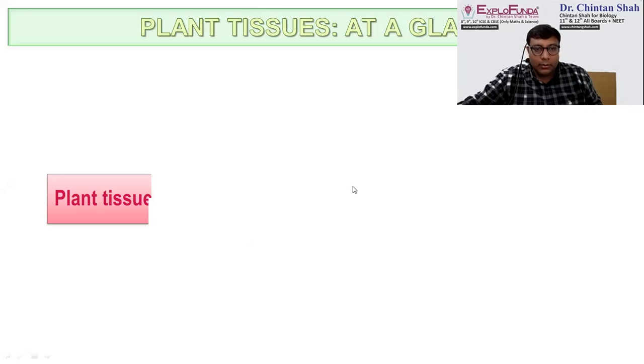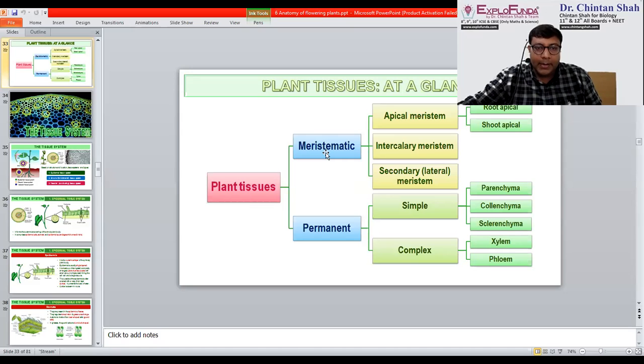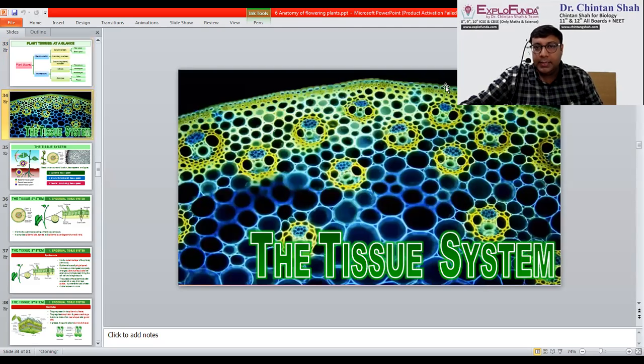Under meristematic: apical meristematic tissue, which is the root apex and shoot apex; intercalary; and secondary lateral meristematic tissue, which is the cambium and cork cambium. Then permanent tissue: simple and complex, that is parenchyma, collenchyma, sclerenchyma, xylem, and phloem. That's it. Now we will start with the tissue system in the next lecture.